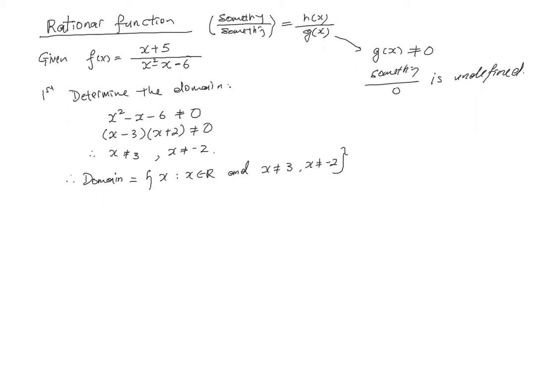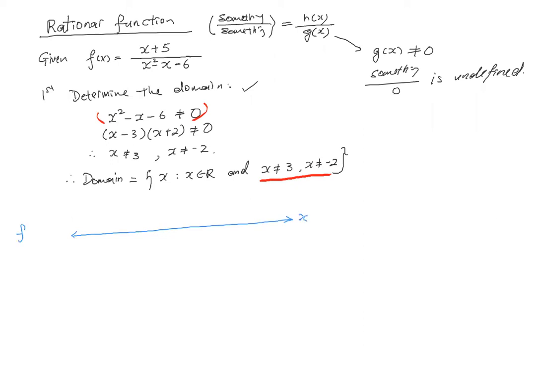So that's why when you draw the sign diagram for a rational function, first you have to determine the domain. This is the very important part. The bottom cannot be 0. So when I draw my sign diagram for this, that is how it goes. This is my x.